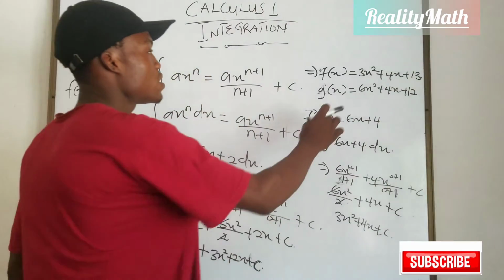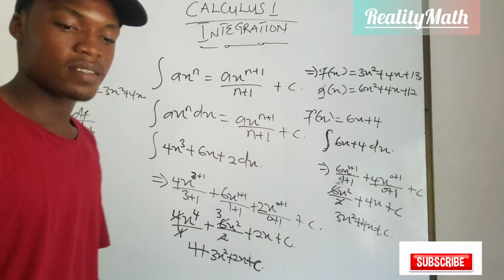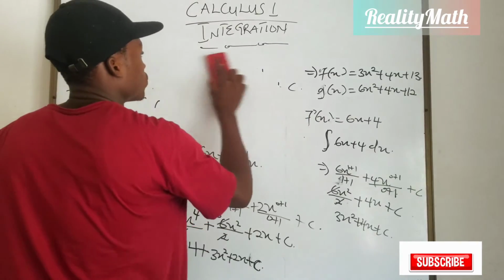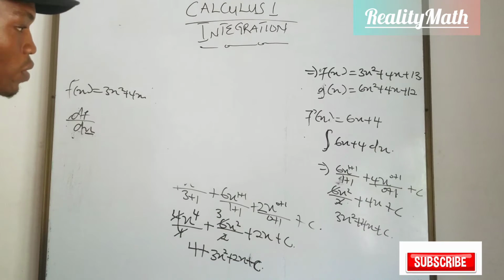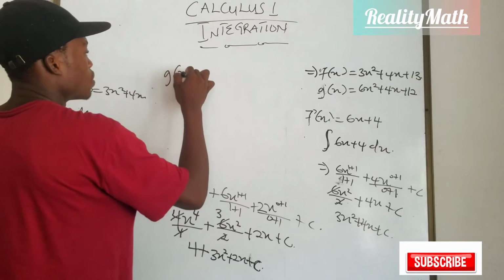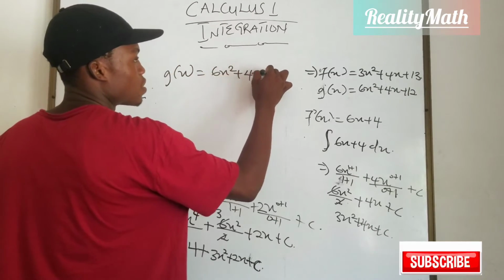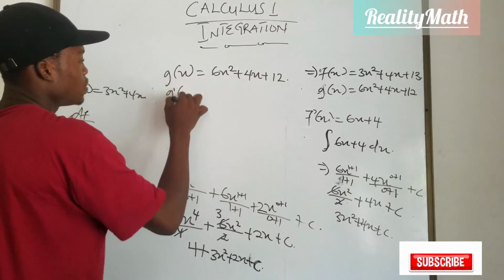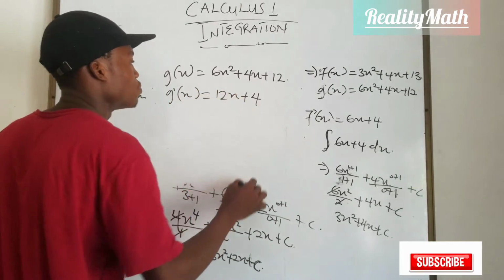Okay, let's do the same thing to g of x. So what will the g of x give us? Our g of x is 6x squared plus 4x plus 12. Finding the g prime of it will give us 12x plus 4. Right?